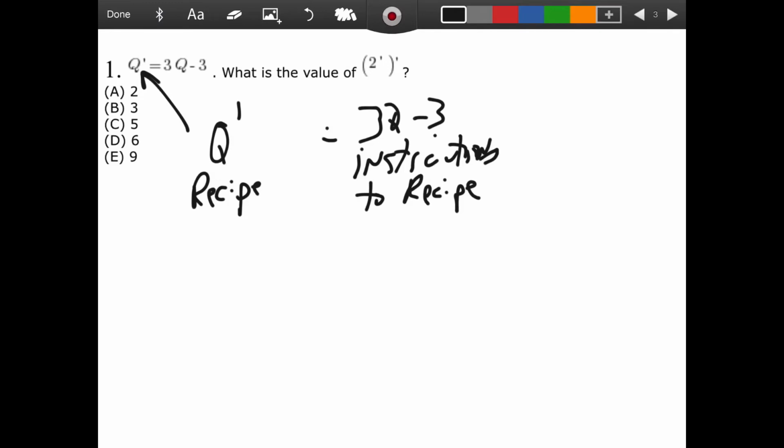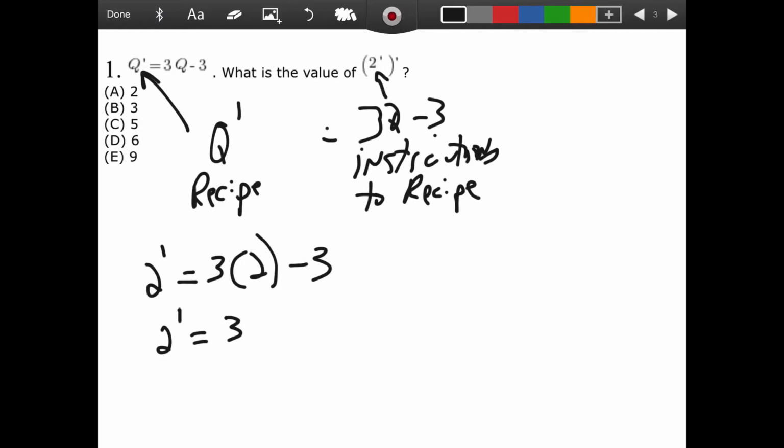So if we have inside these parentheses 2 prime, that's equal to 3 times 2 minus 3. So 3 times 2 is 6, minus 3 is 3. So 2 prime is equal to 3. And now we have to take the prime of that because that's inside the parentheses.